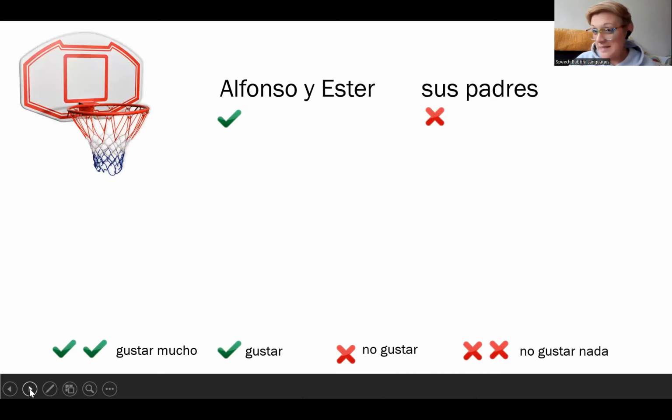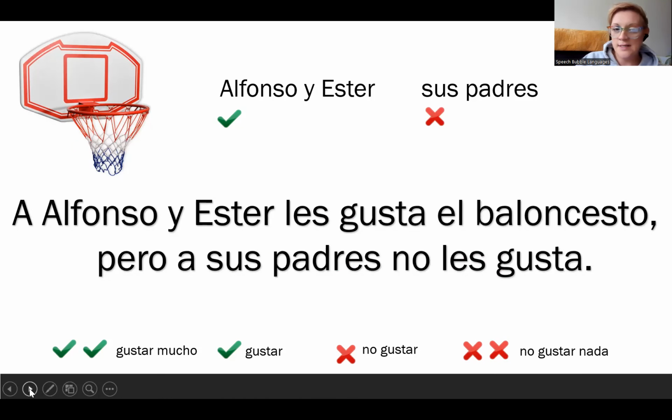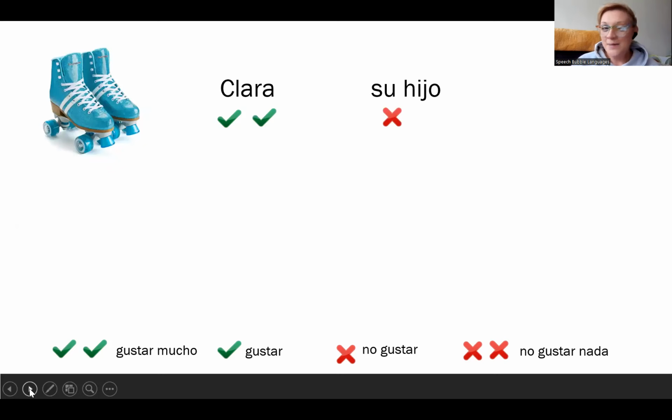This time we have a basketball net. Basketball. El baloncesto. Alfonso and Esther like it, but their parents don't. A Alfonso y Esther les gusta el baloncesto, pero a sus padres no les gusta. ¿Qué deporte es ahora?